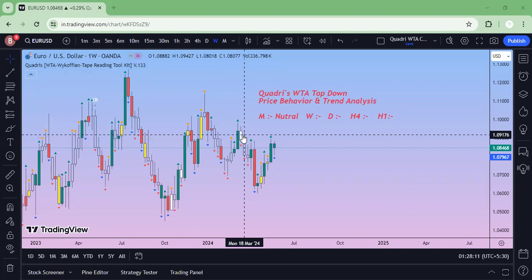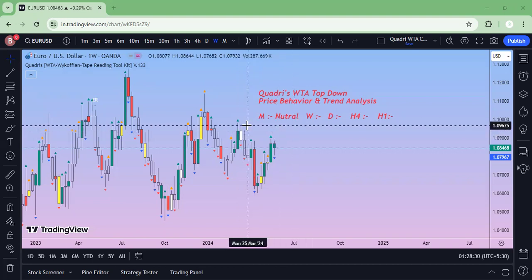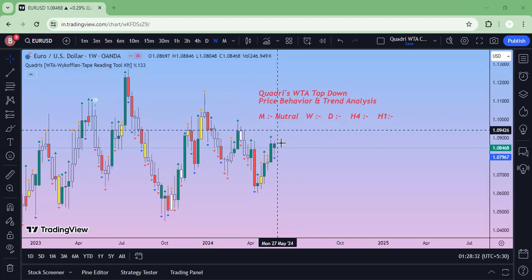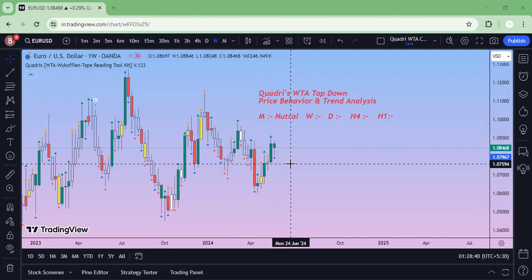Whatever price you take into consideration, like 1.9238, this area is of vital importance. There are two ways price will approach over here: either it will come up to this level, penetrate its high and close down, or price will come up to this 9238 area and then come down.